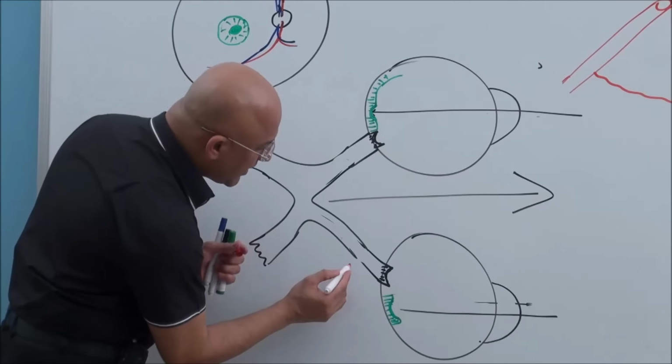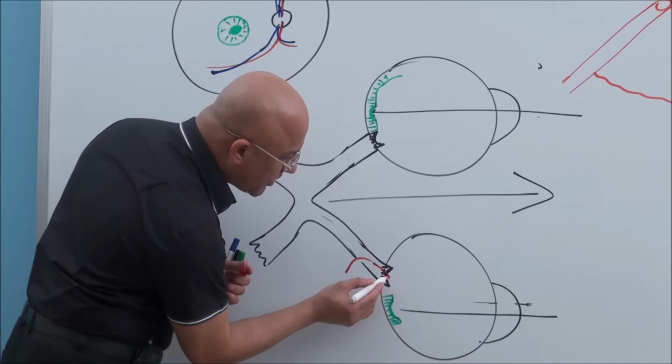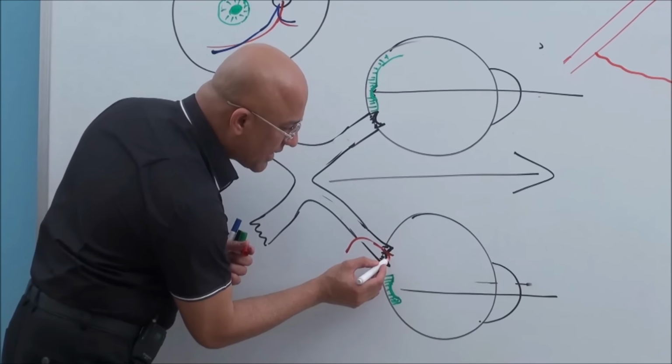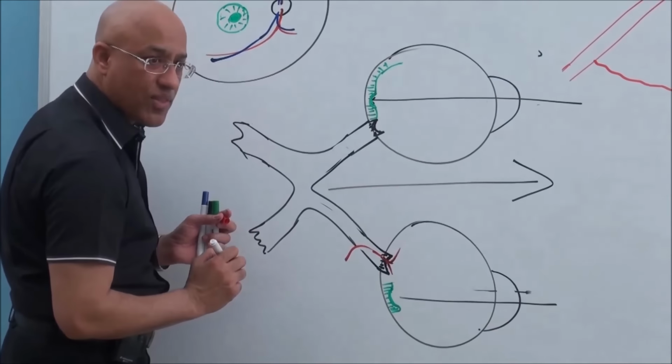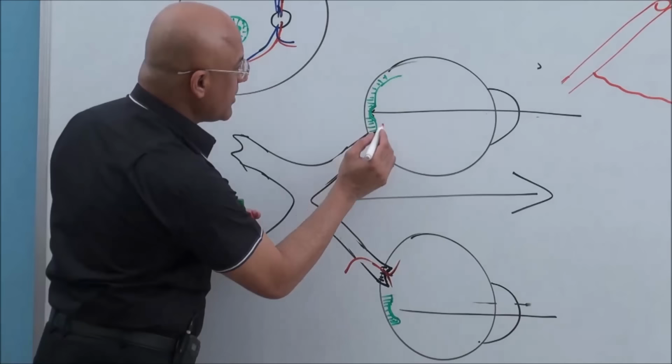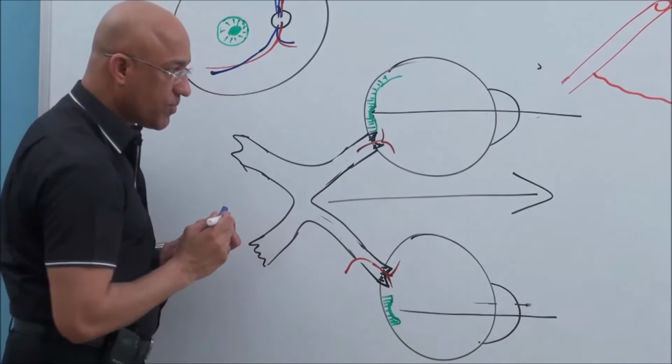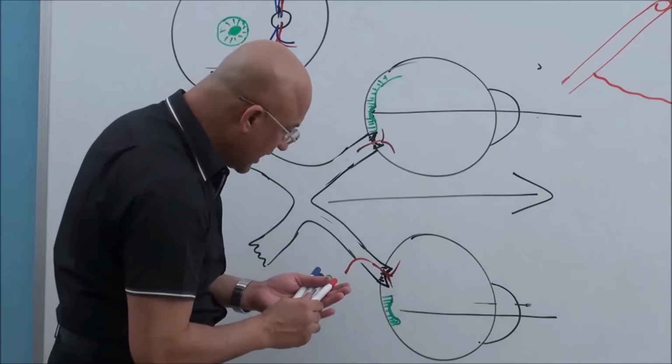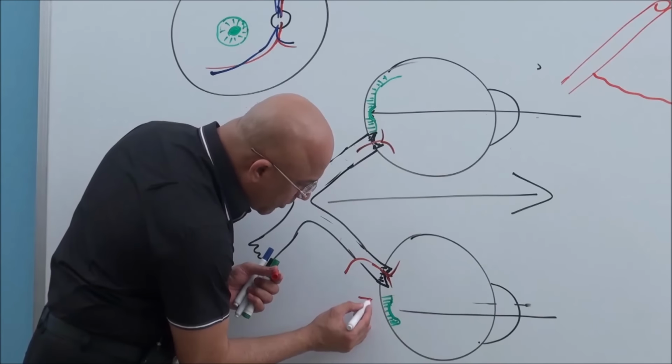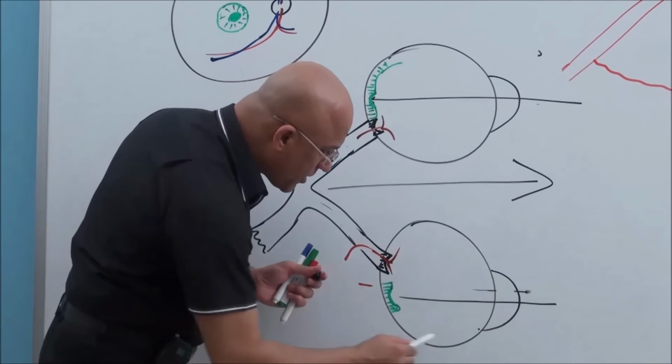Now look at it. Here the blood vessel enters, and what is this blood vessel? Central retinal. This will give branches. Is that right? Here also it will enter and give branches. This is one source. Secondly, which vessel was coming here?